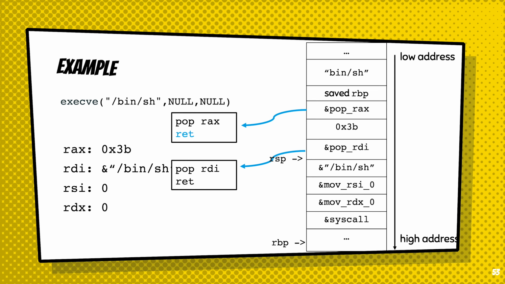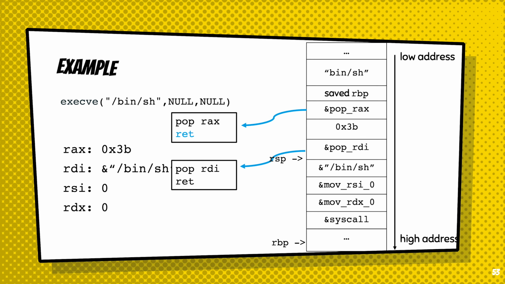After the return instruction, the stack will be popped again, and here we're going to put the value that we preset before, which is the address of another gadget. In this case, the gadget will do pop RDI, and followed by that, we're going to put the address of /bin/sh in the stack. So after executing pop RDI, the address of the string will be copied to register RDI.